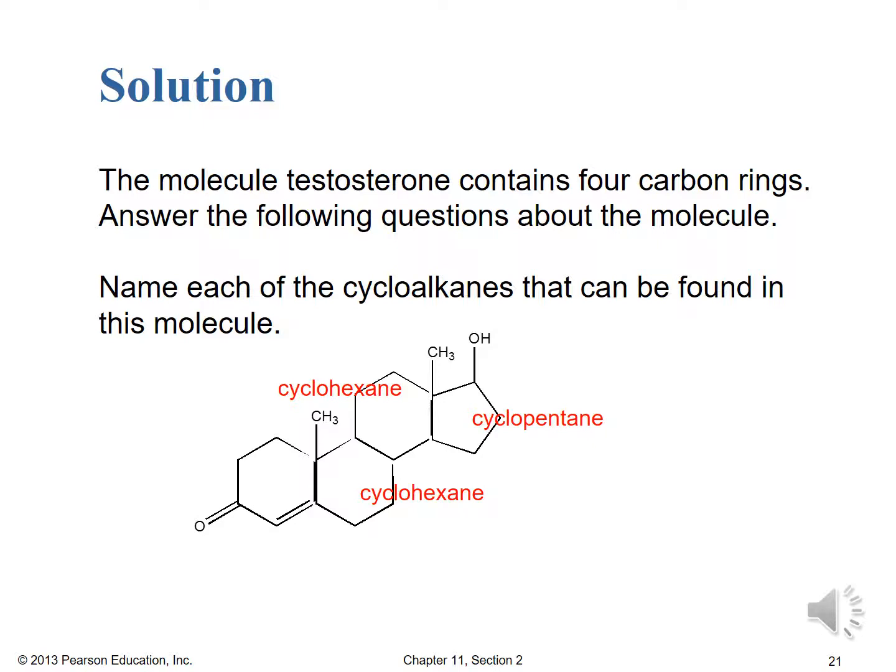We'll talk about the alkenes in the next chapter, but if we're looking at the next 2 rings, they're both fused together there as cyclohexane rings, right, because they look like our classic hexagon shape. And then finally, the last ring we have is a cyclopentane ring. So there we have it, our cyclohexanes and cyclopentane as the rings we should have been able to identify.